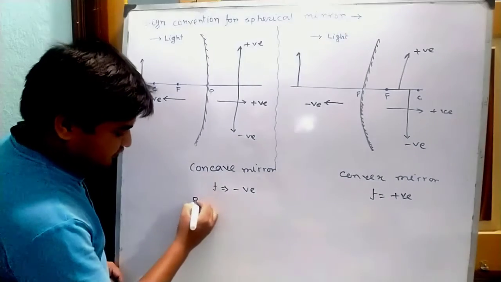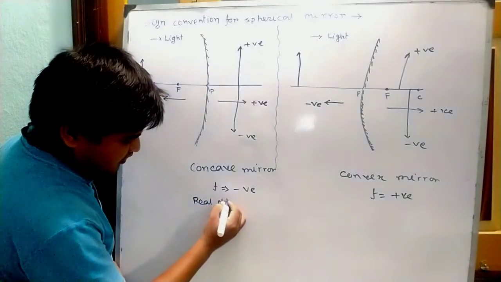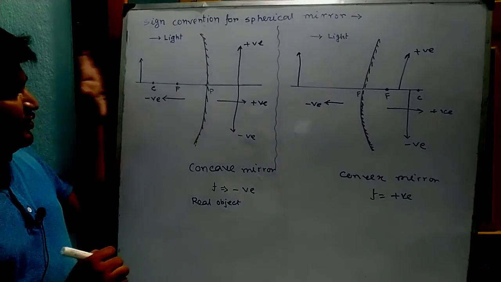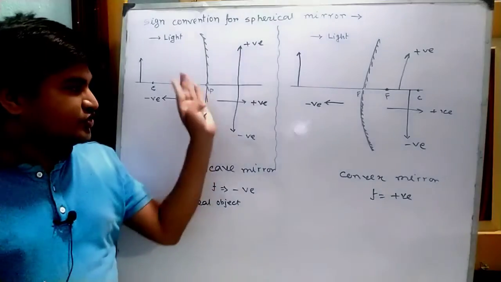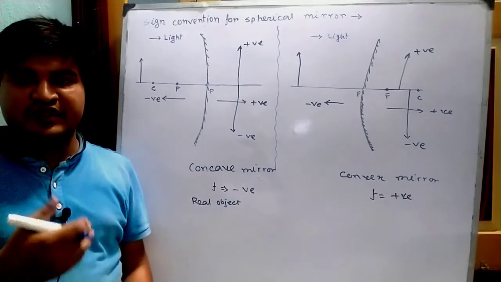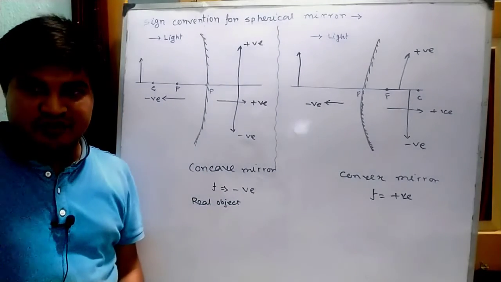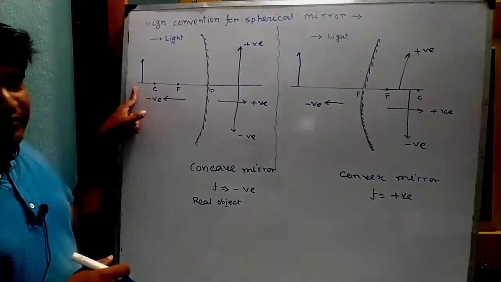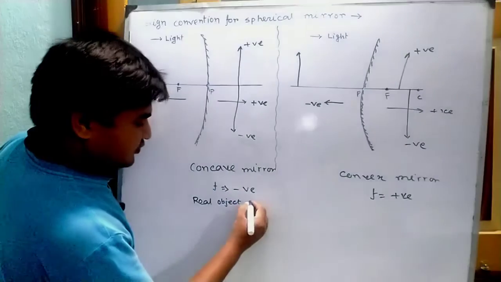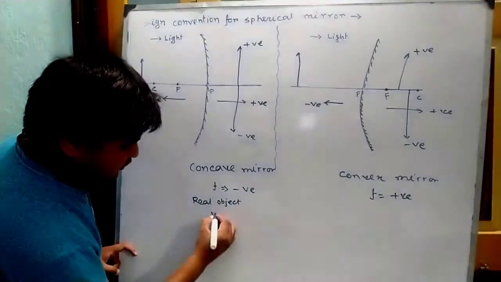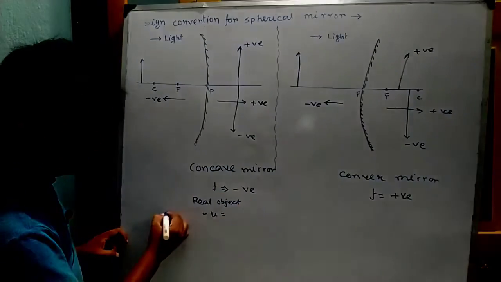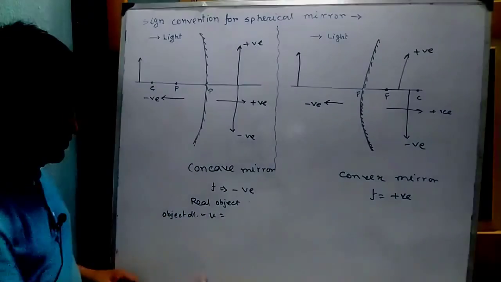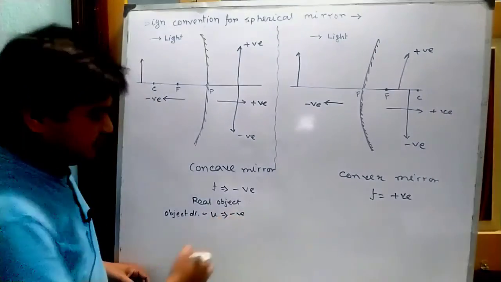And for real object, that is when the object is placed in this position, this is the real space, this is the virtual space. We know whenever an object or image is formed in the real space, it will be real in nature. So if the object is placed in this direction, there u, that is object distance, will be negative.